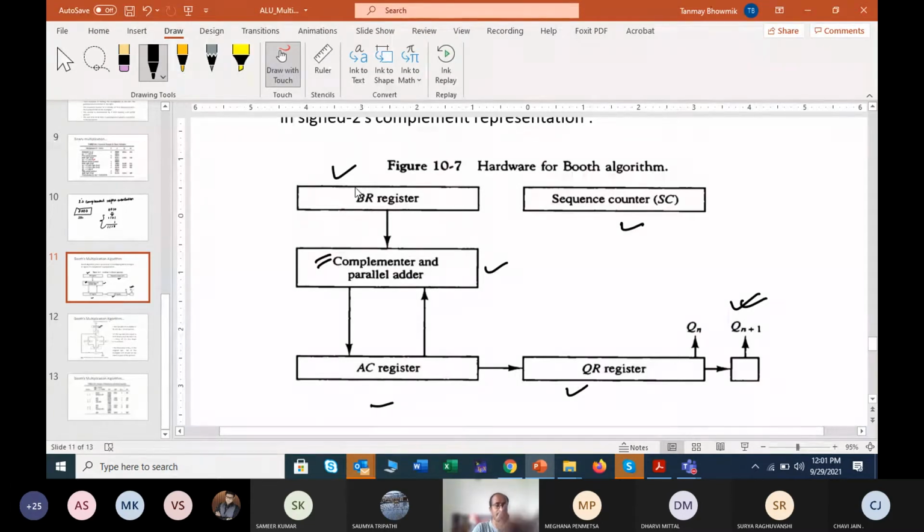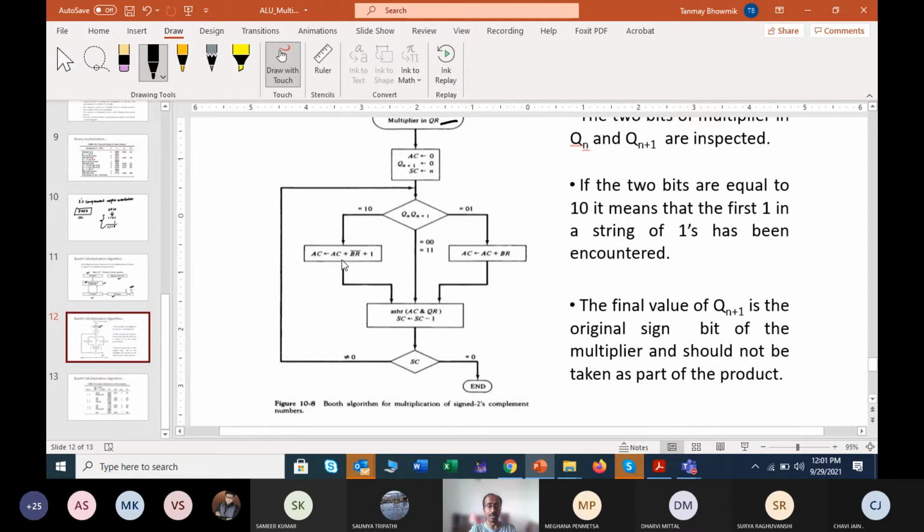So complement and addition, that means AC plus complement of BR plus 1, that is the subtraction case. And once you have done all this, you have to simply right shift, and the sequence counter will be decremented by 1. So this step is just equal to the last one, right?